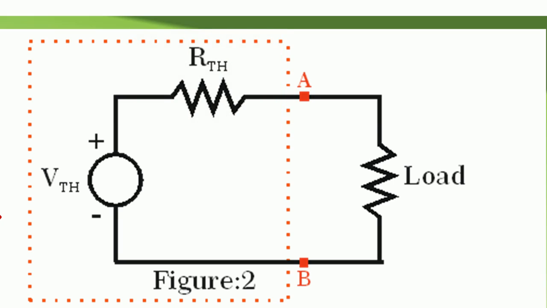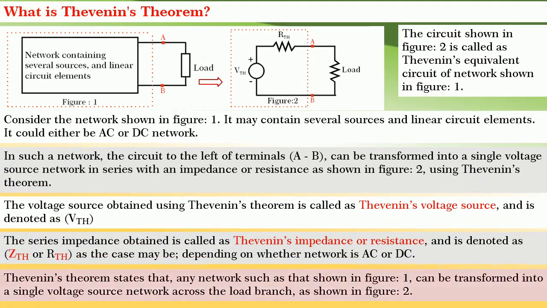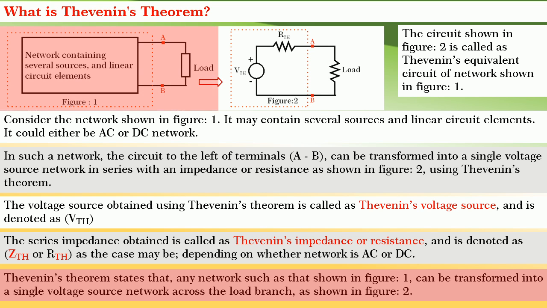Now, we can define Thevenin's theorem. Thevenin's theorem states that any network such as that shown in figure 1 can be transformed into a single voltage source network consisting of V Thevenin in series with R Thevenin across the load branch, as shown in figure 2.